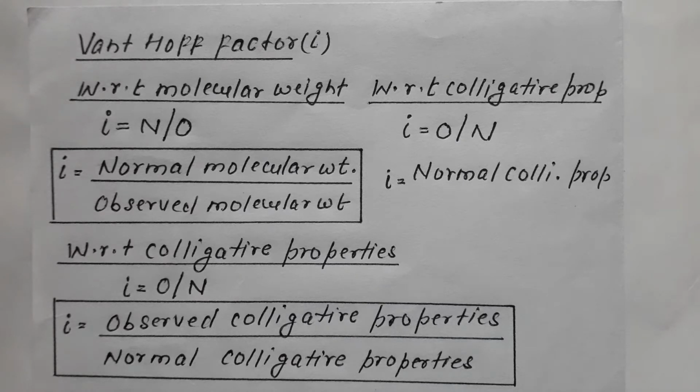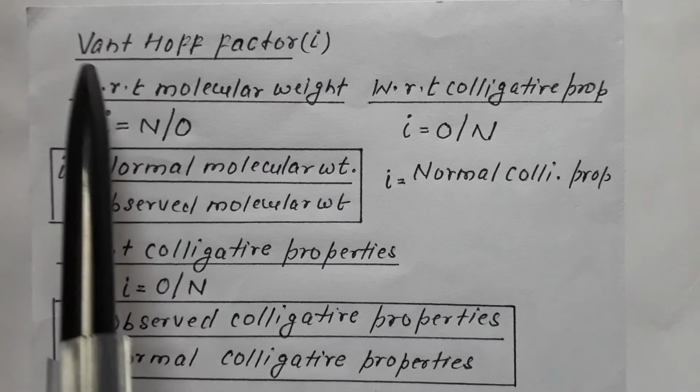The colligative property, which in turn affects the molecular weight, gets affected by the number of particles. Hence the Van 't Hoff factor comes into play to explain how the abnormal molecular mass can be converted into normal molecular mass. That is how we can remove the abnormality in the calculation.